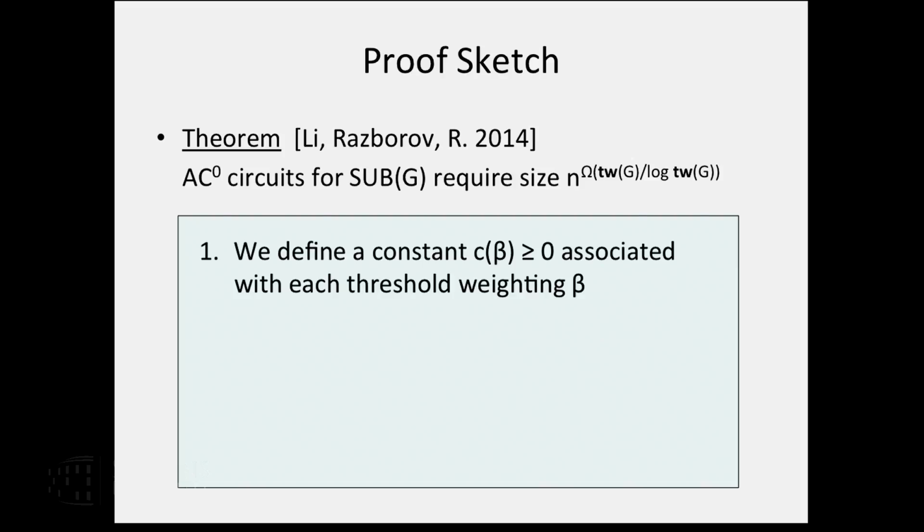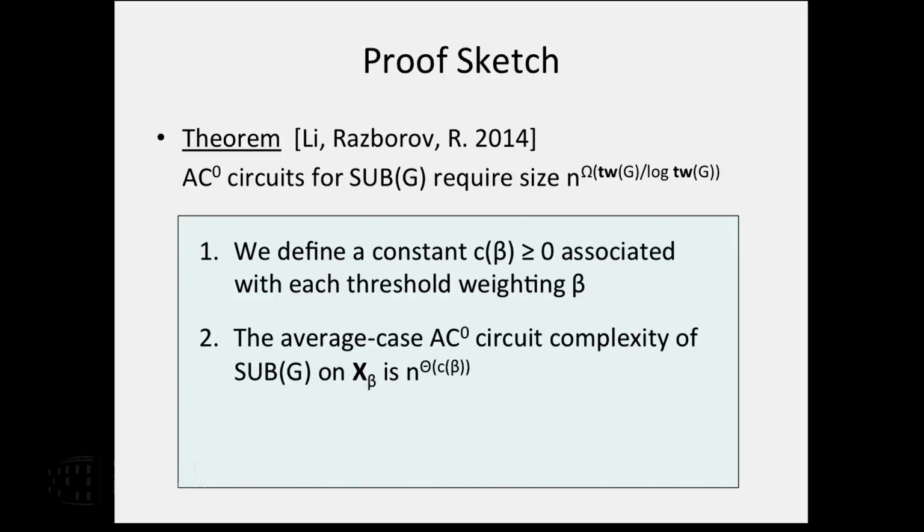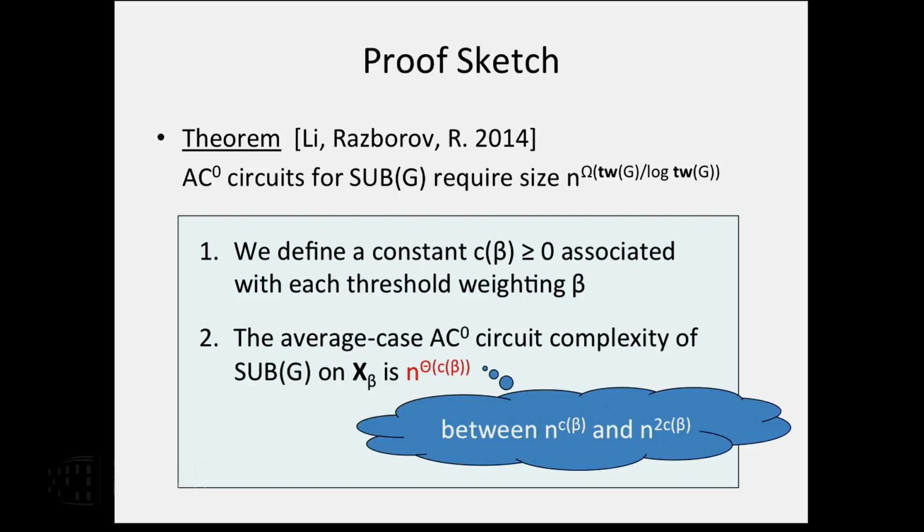Then the main result, in some sense, is that we show the average case AC0 circuit complexity of the G subgraph isomorphism problem with respect to this input distribution is really characterized by this constant C of beta. So we get both upper and lower bounds: a lower bound of n to the C of beta and an upper bound of n to the 2 C of beta.